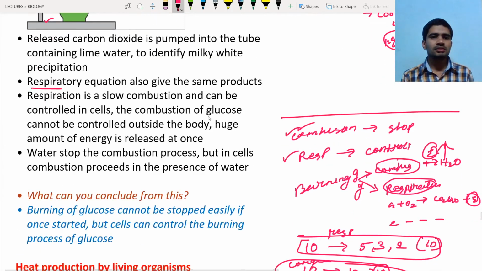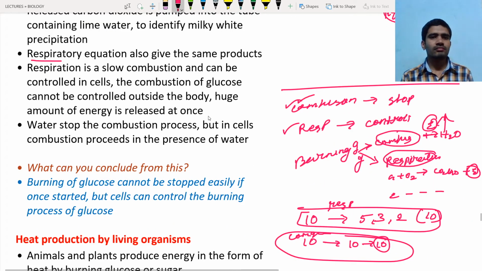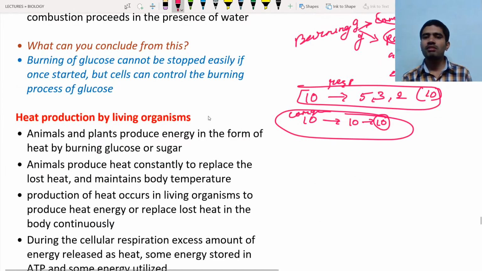Next, the water stops combustion, and even though the cells contain a huge amount of water, do you know that the cytoplasm contains water? The mitochondria also contain water. Even though water is present in the cells, this respiration process, the combustion of glucose, is going to occur in the cells.